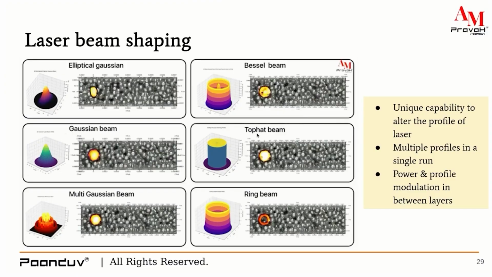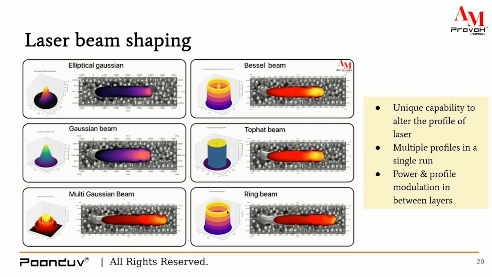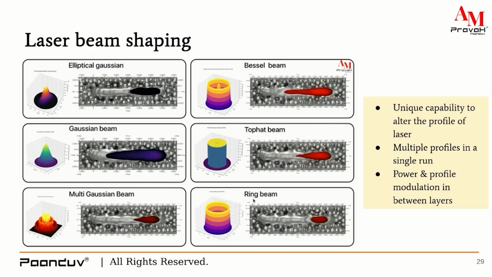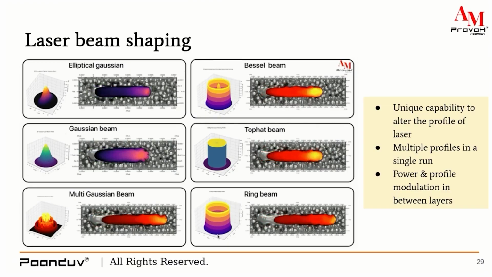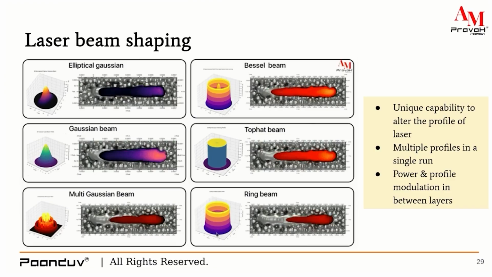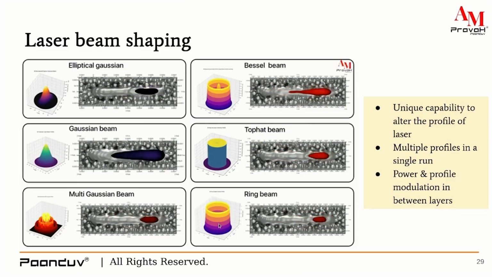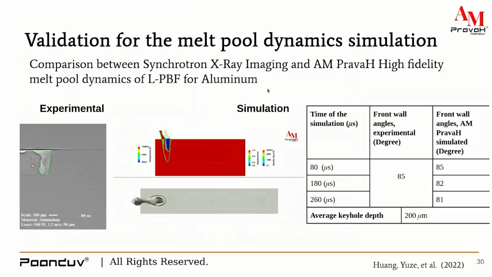This is an example. This is a validation that we have performed against the experimental results. This experimental data we have received from Harbin Institute of Technology, and we have performed the simulations, and I will also show you a comparison between the experimental and simulated results.